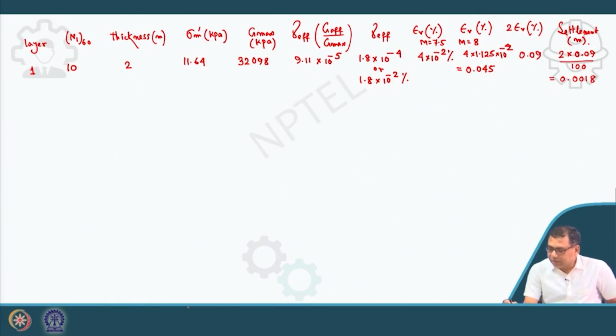So, how am I getting this? This is actually 2 into 0.045.